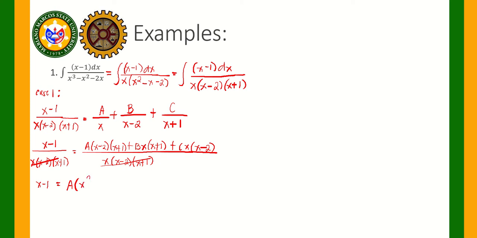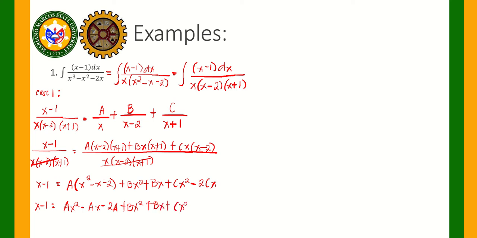That is equal to a times x squared minus x minus 2, and then plus bx squared plus bx plus cx squared minus 2cx. Okay, so simplifying further, this will be equal to ax squared minus ax minus 2a plus bx squared plus bx plus cx squared minus 2cx.